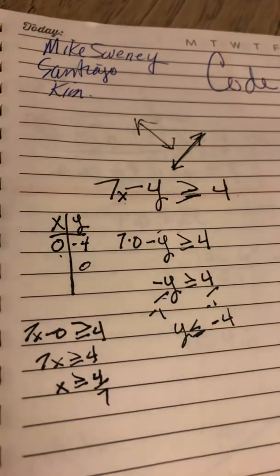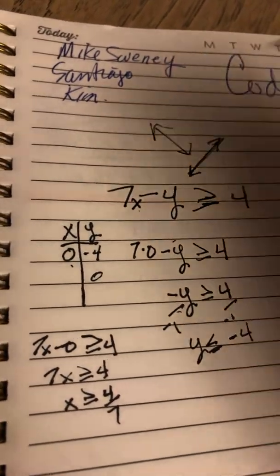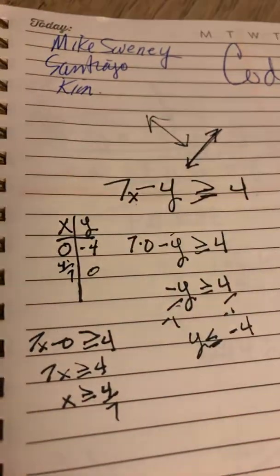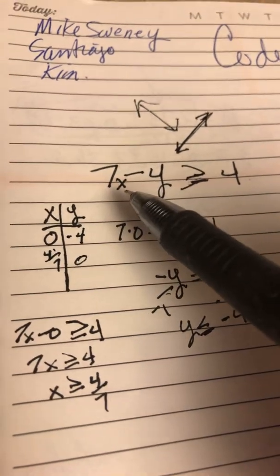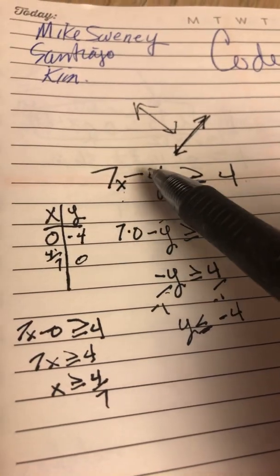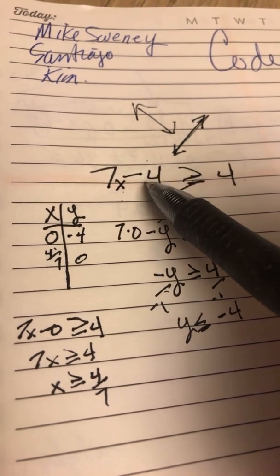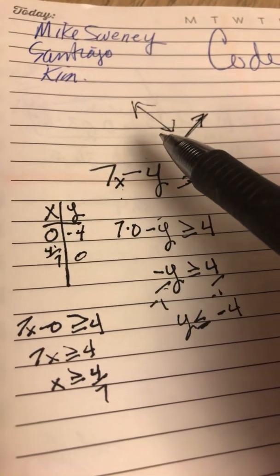Well, 4/7 is not something we're going to be able to put on the graph because they don't give us something with fractions. So we're going to choose a different number. I tend to try, like for x, I might put whatever the number is that's the coefficient on the y, or for the y, I'll use the coefficient on the x.